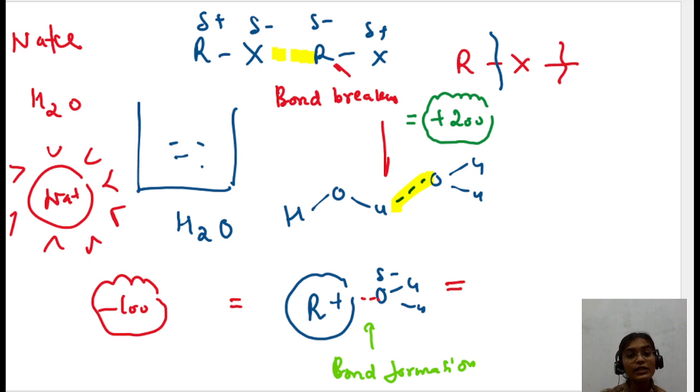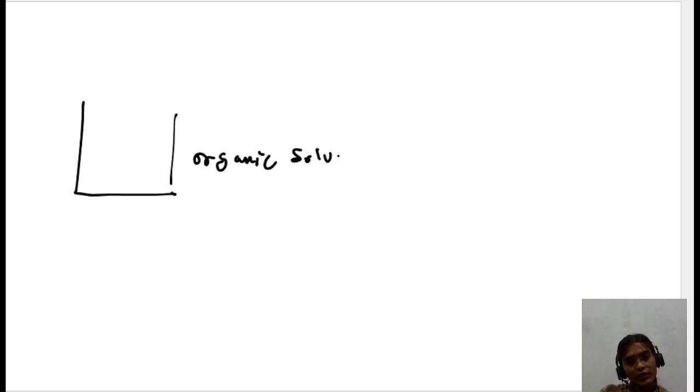Then let's observe the second point. If you go with the second one, that is organic solvent, the same haloalkane or haloarene, the opposite case has to happen. Let me explain the second scenario. Suppose I have an organic solvent, and this is alkyl halide.